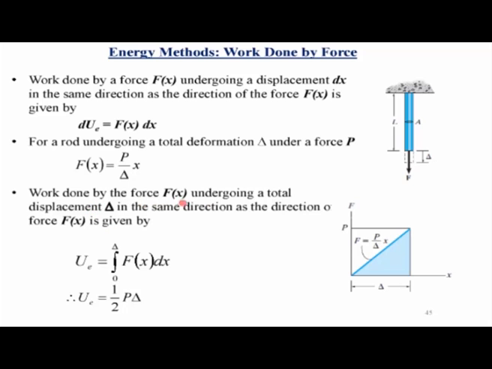Now work done by the force Fx undergoing a displacement dx in the same direction as the force Fx is given by Fx dx, that we saw. Now that is for the small displacement. If you have to get the work done for the entire displacement from 0 to delta, you integrate it from 0 to delta with respect to x.